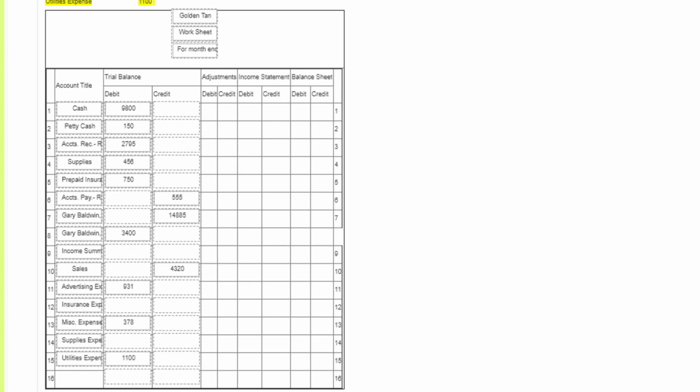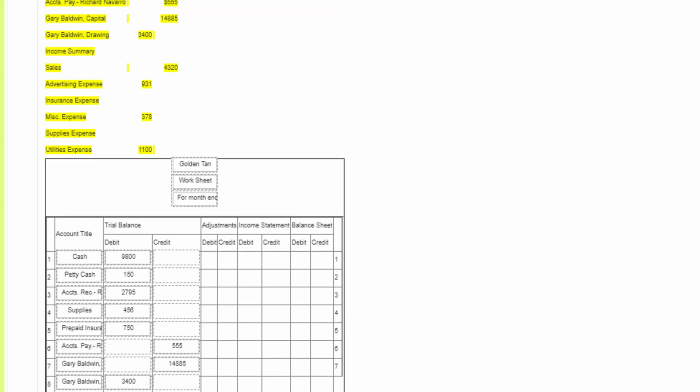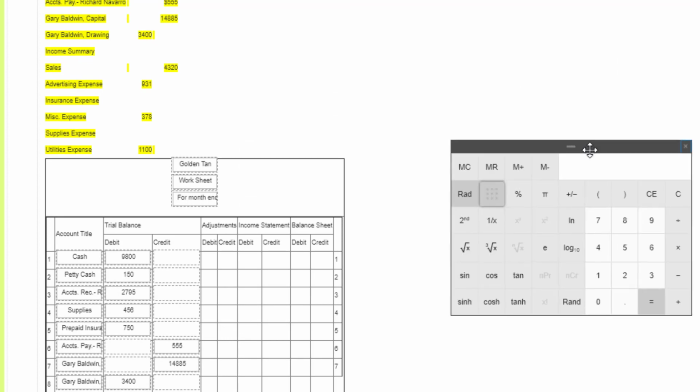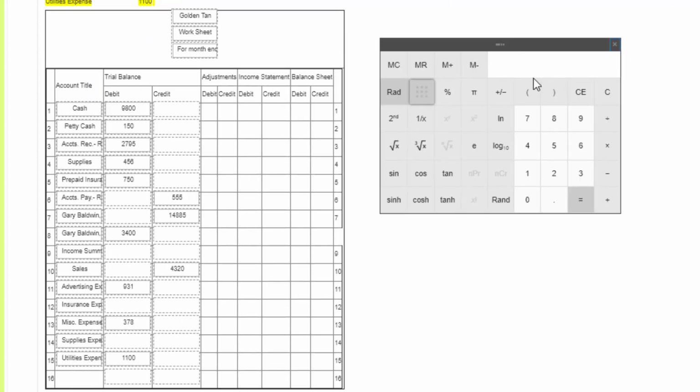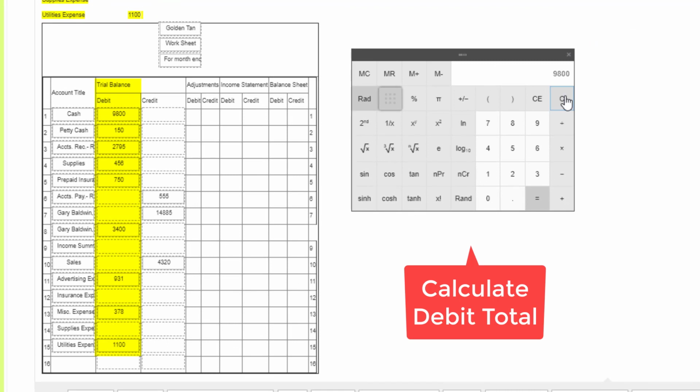At this point, I'm ready to add all of my debits up and make sure that they equal my credits, because that is the whole point of my trial balance. So 9,800 plus 150 plus 2,795 plus 456 plus 700 plus 3,400 plus 931 plus 378 plus 1,100 equals 19,760.